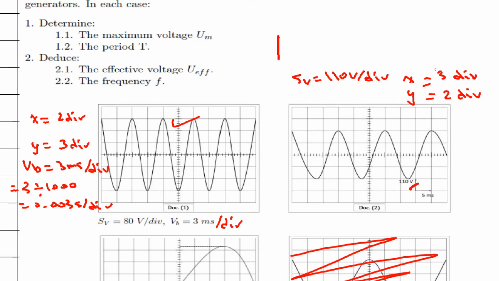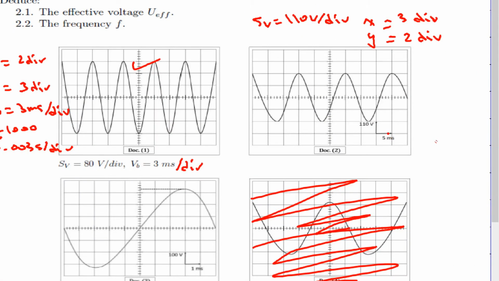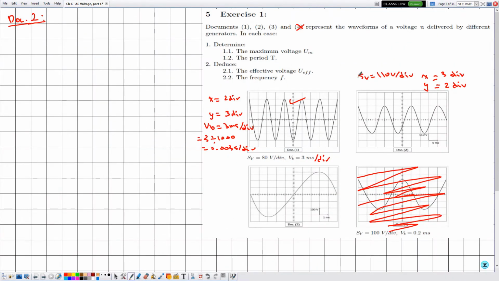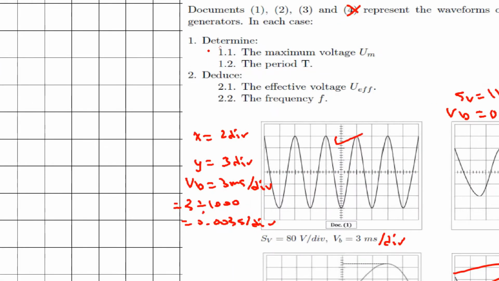As for SH, which is VB, it is equal to 5 milliseconds, and in order to convert from milliseconds to seconds we divide by 1000, which is the SI unit of time. So VB is directly given by 0.005 seconds per division. After doing so, now we are ready directly to answer each of the following questions.